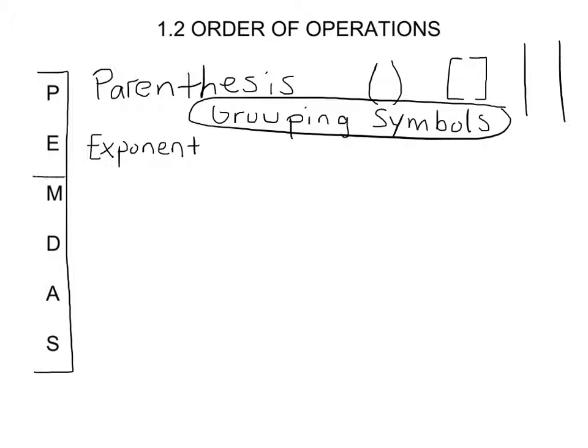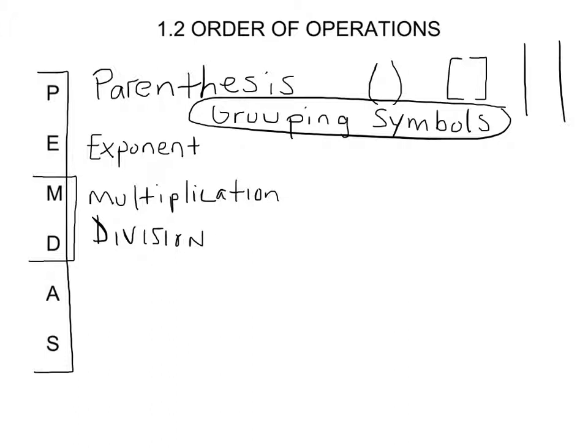And what you want to keep in mind is these have the same preference. So we're talking about multiplication, and we're talking about division. And what you want to do is if a question has multiplication and division in it, you always want to work left to right.